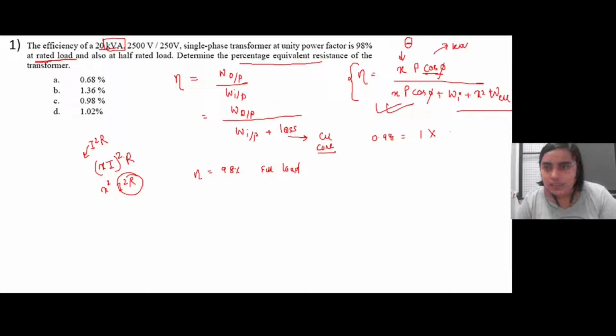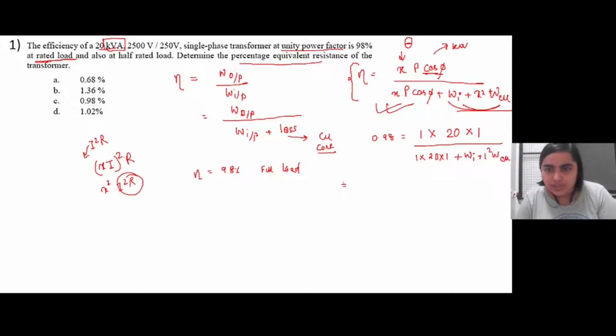So let us just write 20, and we will calculate all of this in terms of 10 to the power 3. And cos phi is given as unity power factor, so it is 1. So this is 1 into 20 into 1, and these are unknown quantities, so let us just write it as it is. x is 1, so 1 squared into WCU.